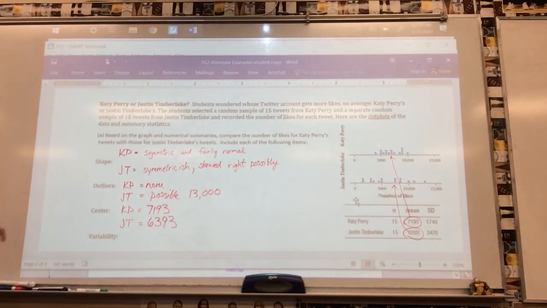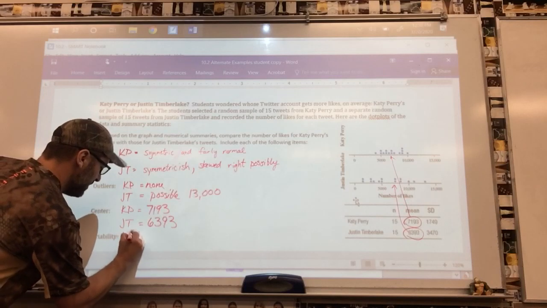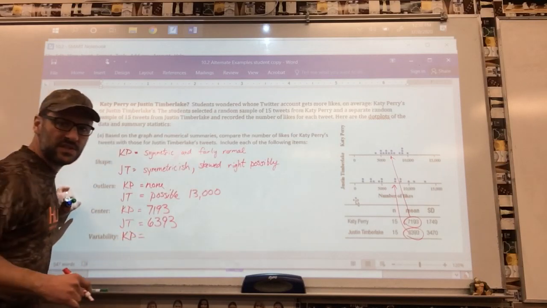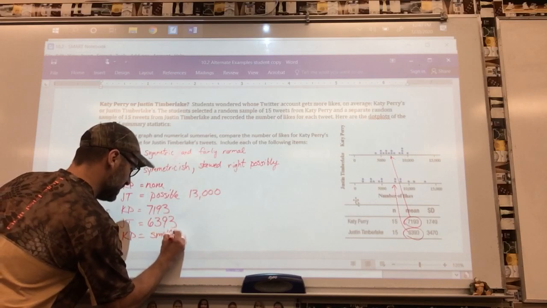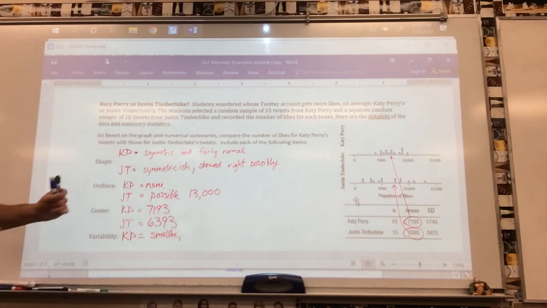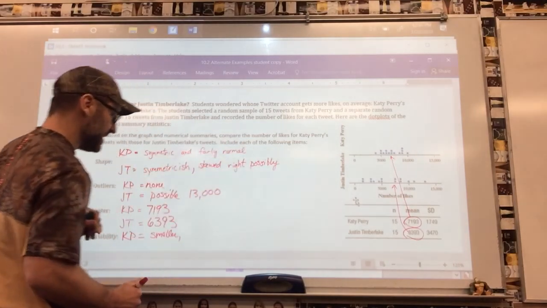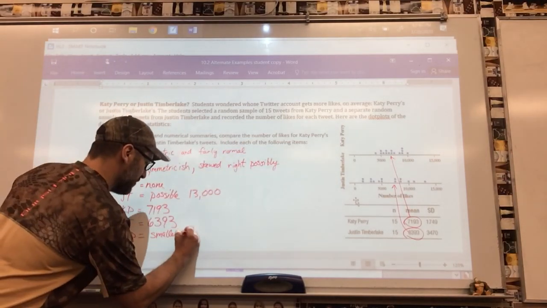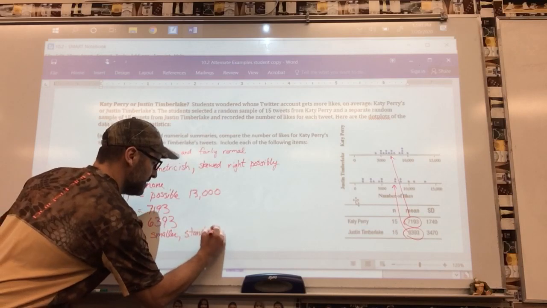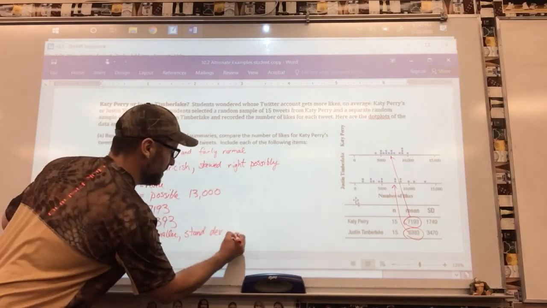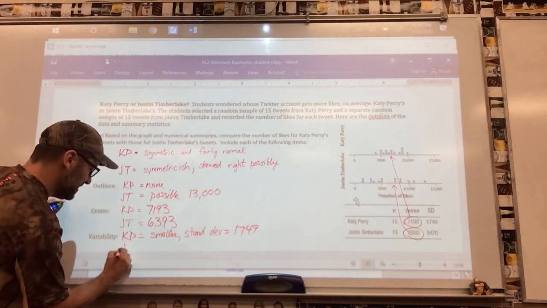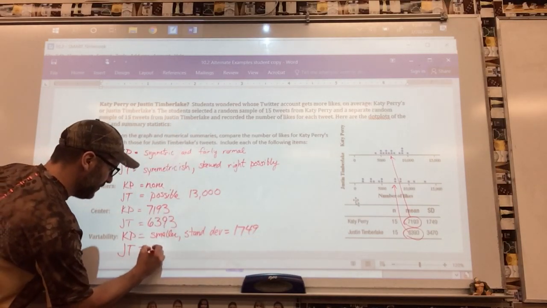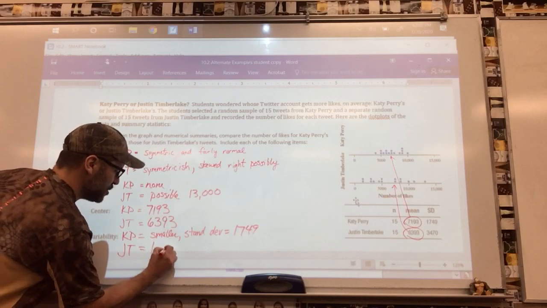And the variability for KP, Katy Perry, she has a really small variability. Smaller. And in fact, we can use that number up there. Variability, the standard deviation. I'm going to write the standard deviation is 1749. And Justin Timberlake, his variability is obviously larger.